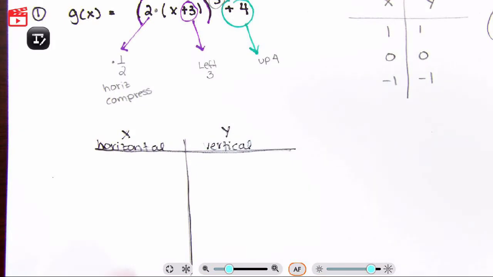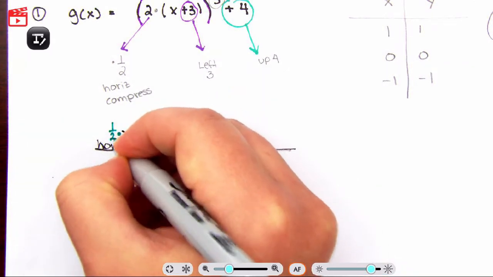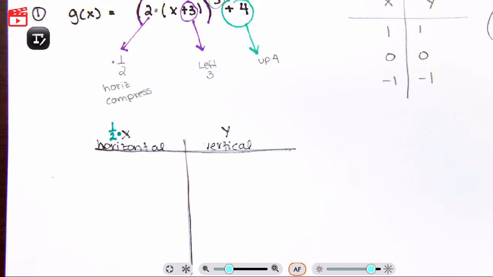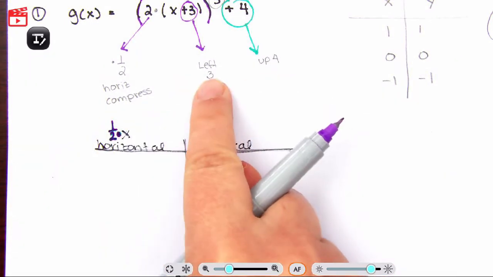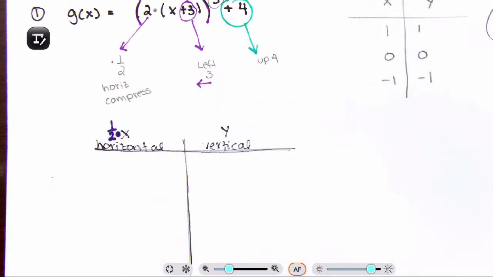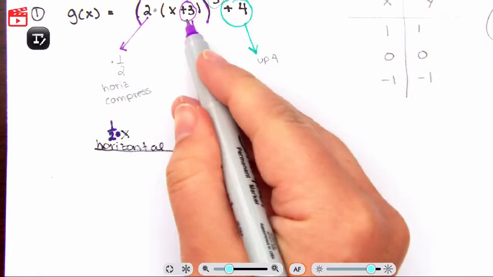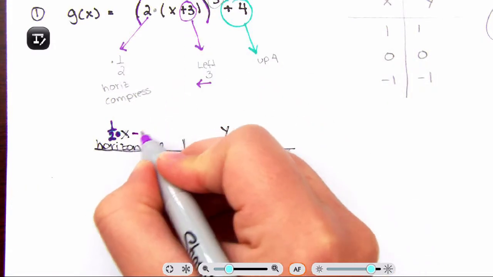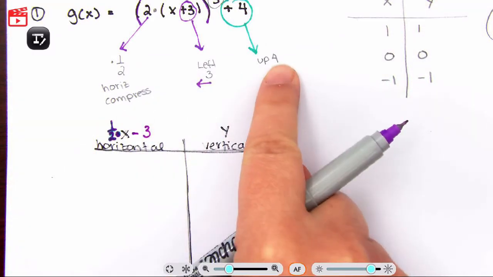So what is happening to our horizontal? We have a horizontal compression, so we're going to be multiplying this by 1/2. Then we are going left 3. Left means it is horizontal as well. So left 3 means we're going to do the opposite. If I see a plus 3, I'm doing the opposite, which is a minus 3. The only thing vertical I have is an up 4.